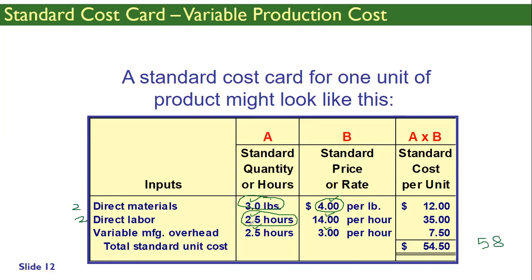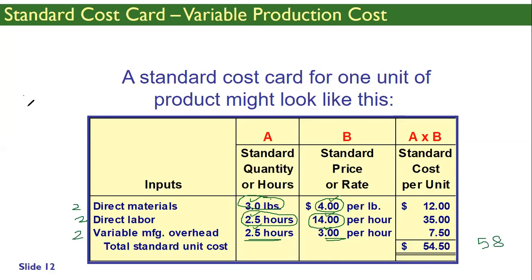Then for labor, you again have two variances, which means that maybe our efficiency was less and we spent more hours. Instead of working for 2.5 hours, we made one unit in 3 hours. Or maybe our efficiency was not a problem. The problem was with the rate, because we hired people expensive, we gave them more salaries or wages. And then you have two variances for variable overhead, again for the number of hours and the rate per hour.